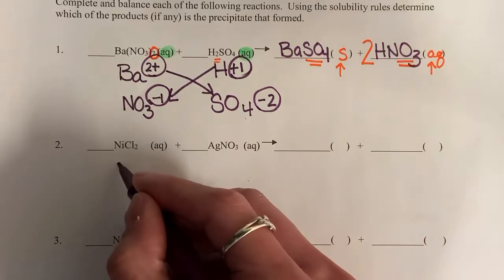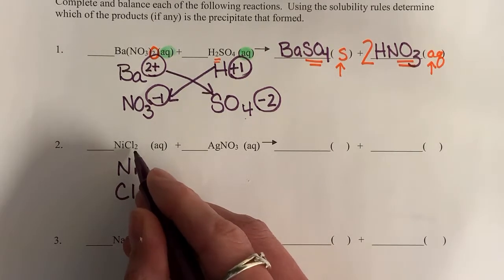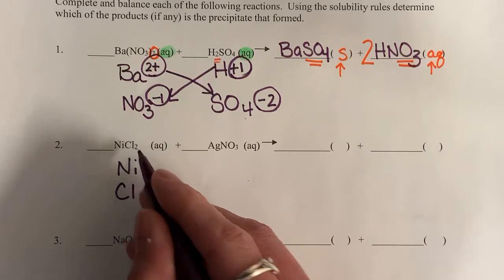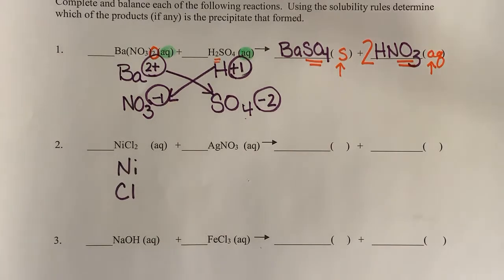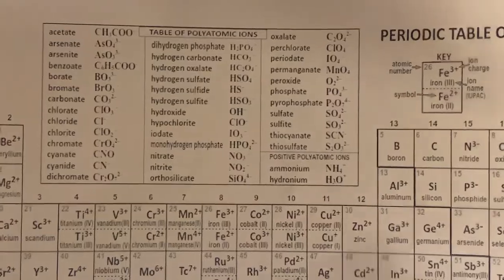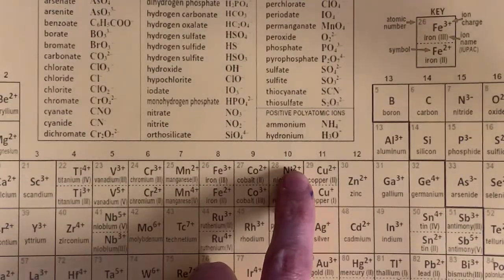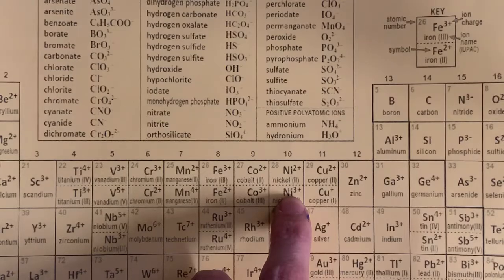Okay, let's take a look at number 2. NiCl2 breaks into Ni and Cl. I ignore the 2 for now. That 2 is there to balance charges. So I look here. Uh-oh. Nickel can be either a 2 or a 3.